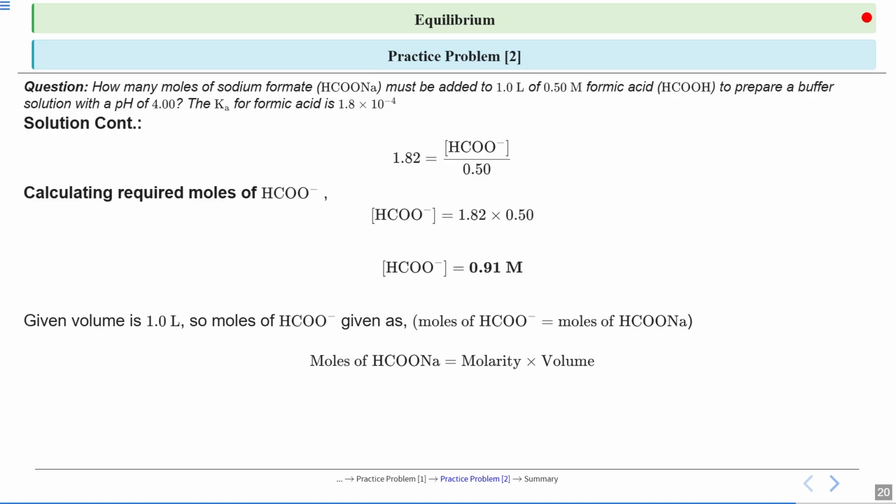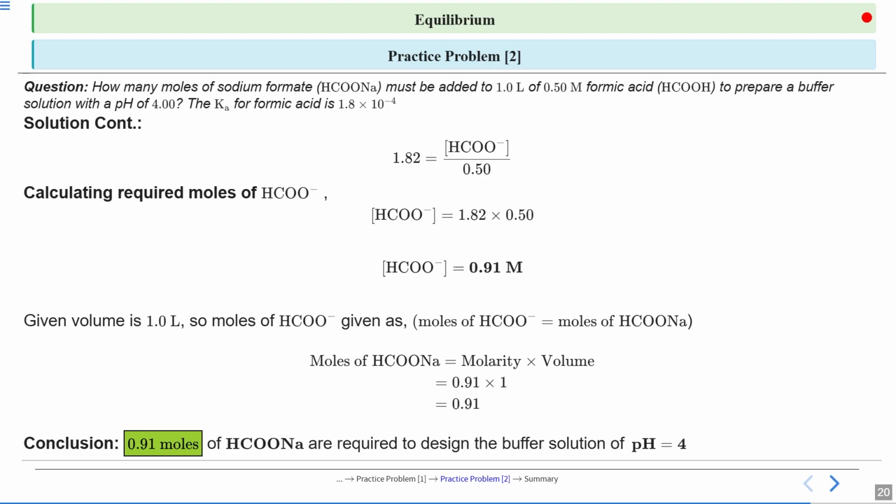Therefore, the concentration of sodium formate will be 0.91. But here you have to calculate the moles and not the concentration. So mole is nothing but molarity into volume. So molarity is 0.91 and volume is already given as 1. Therefore, your final moles of sodium formate will be 0.91.